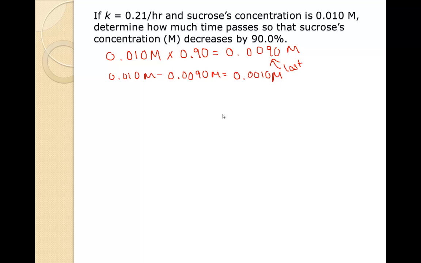So we can use our natural log equation now. Natural log of 0.0010 molar is equal to negative kt plus ln of the initial, which is 0.01, right here.